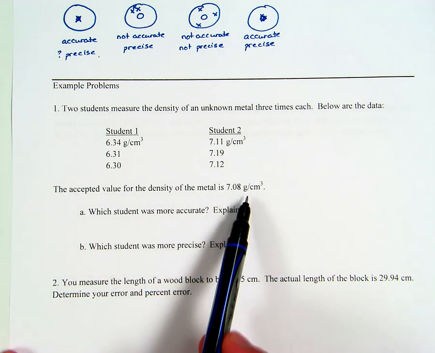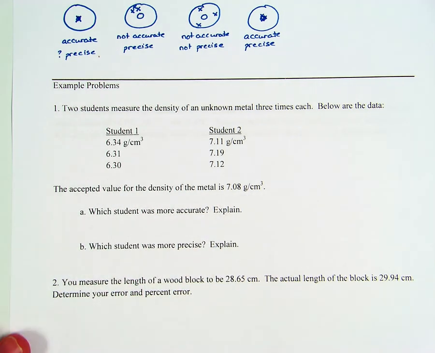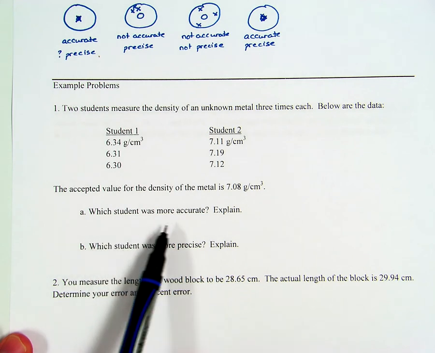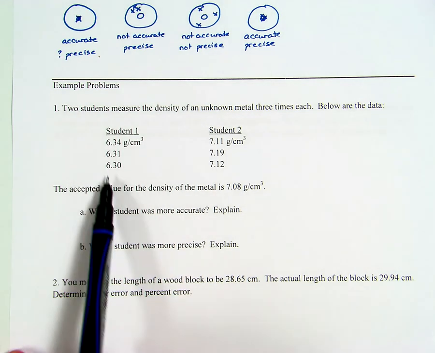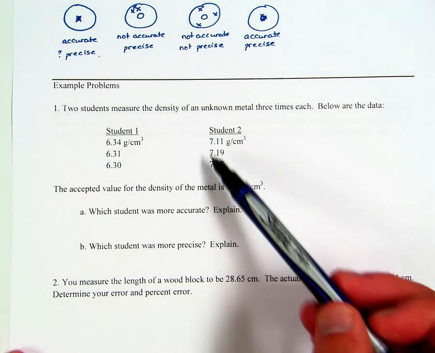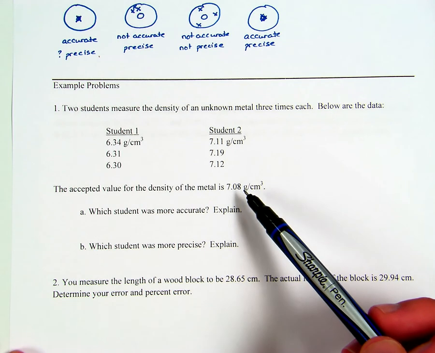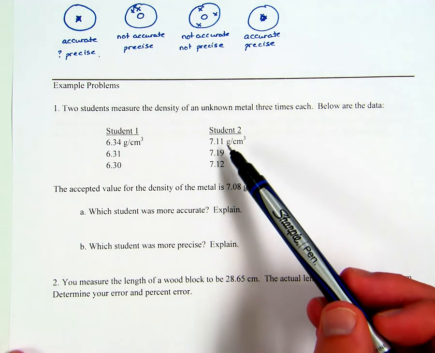All right, first question. Which student was more accurate? Explain. Remember, accuracy refers to how close to the right answer, the accepted value, we get. Just looking at the values here, we can see that student 2 is much closer to the accepted value. Each of these measurements are much closer to 7.08 than that for student 1.